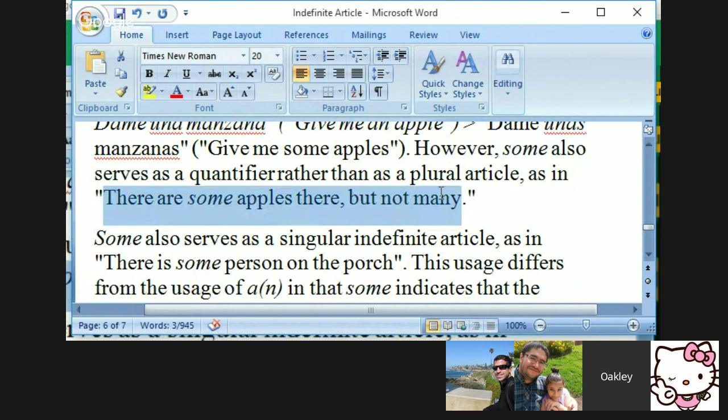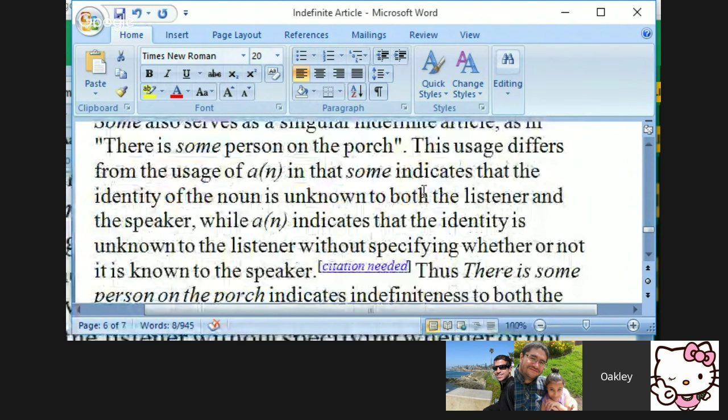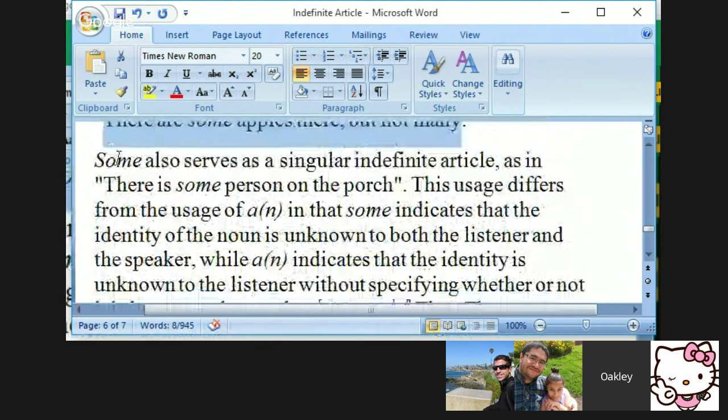There are some apples there, but not many. Now, the confusing part is you probably think of some as a quantifier to say many, but it is also possible to use some in a similar way as using the indefinite article a or an. It can also serve as a singular indefinite article.